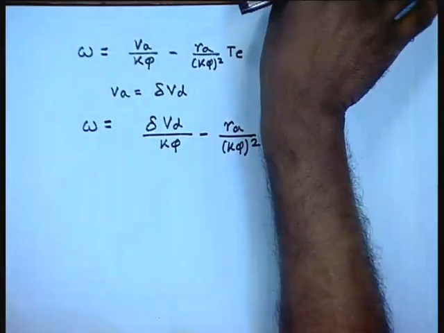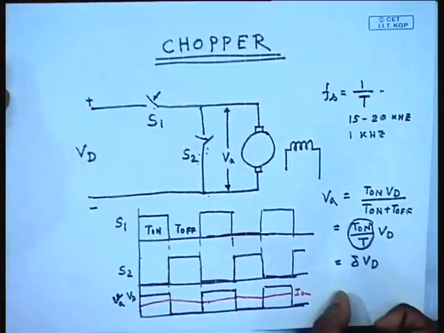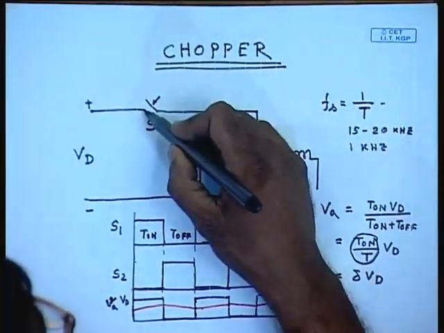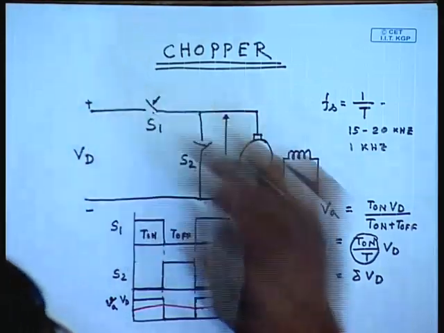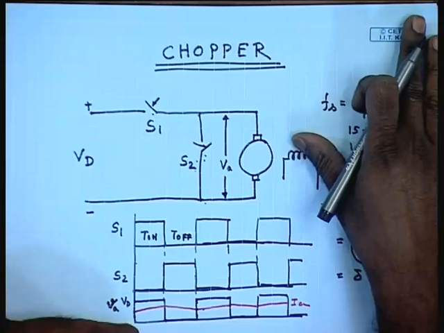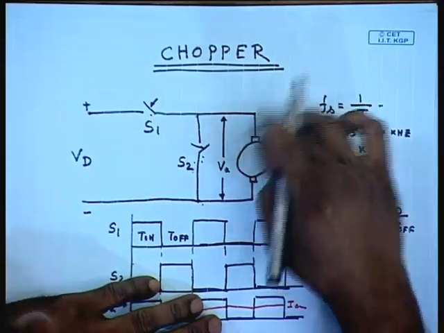Now, let us say the DC machine is rated such that when delta equal to 1, that is the full voltage Vd is applied across its terminal, the DC machine operates at its rated no load speed.